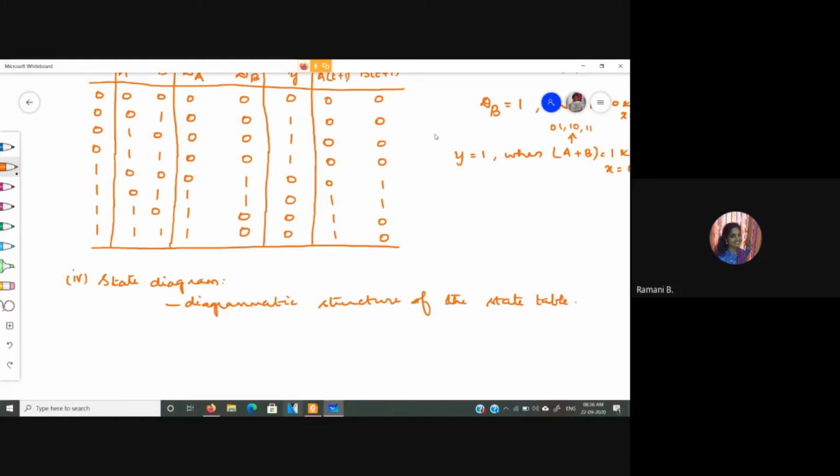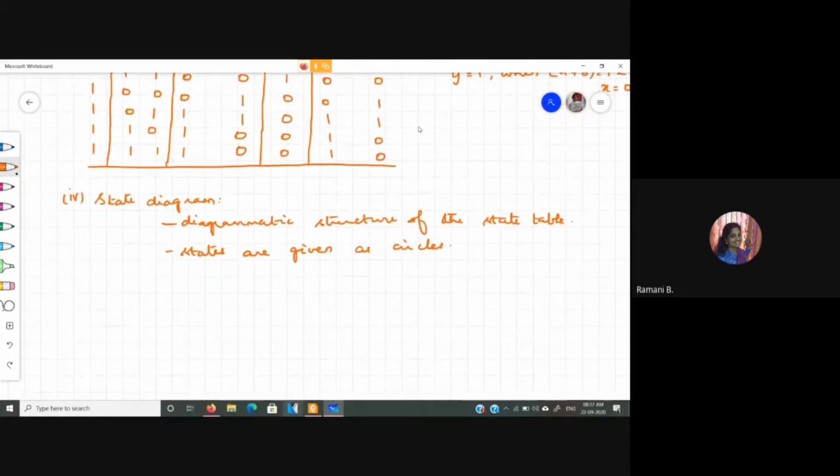Here the states are given as circles. We mention the states like this. As we are having only 2 flip-flops, the possible states are only 4.